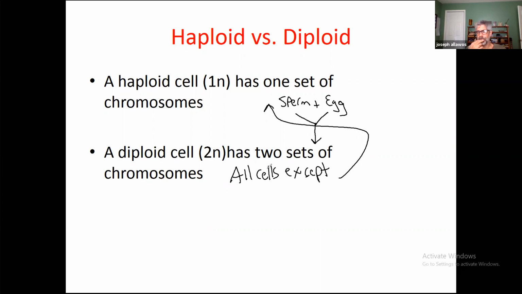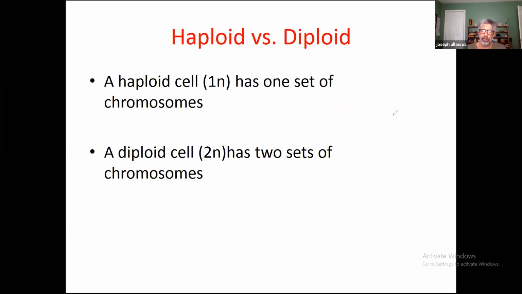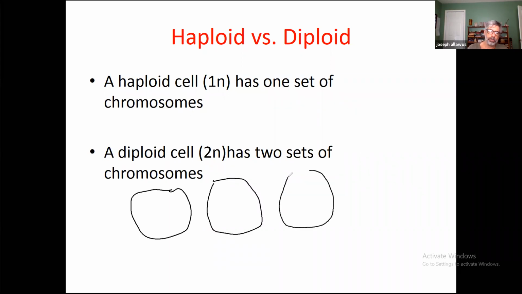Okay, and so we're going to draw some cells and look at chromosomes and try to understand what we're talking about here. Okay, let's take a second to do that. So what if I have a cell? I'm going to draw 4 cells. 1, 2, 3, 4.